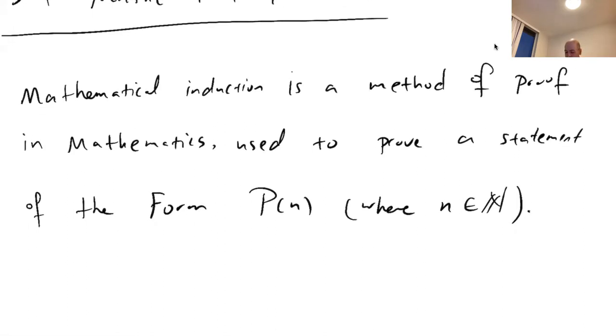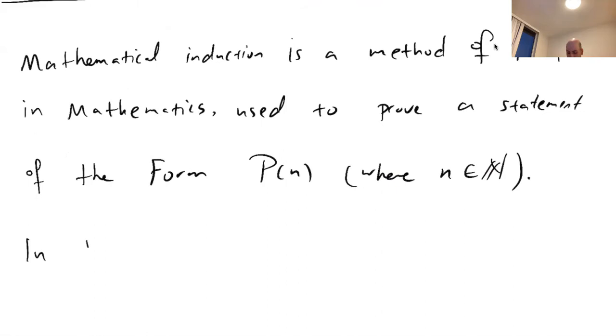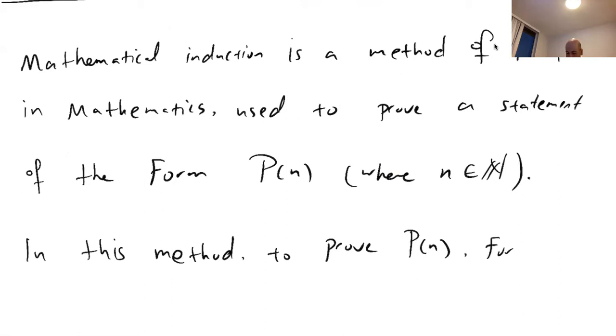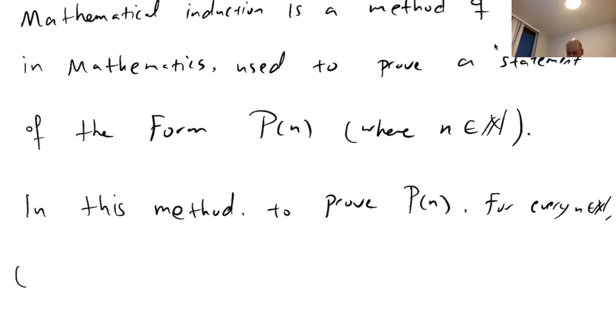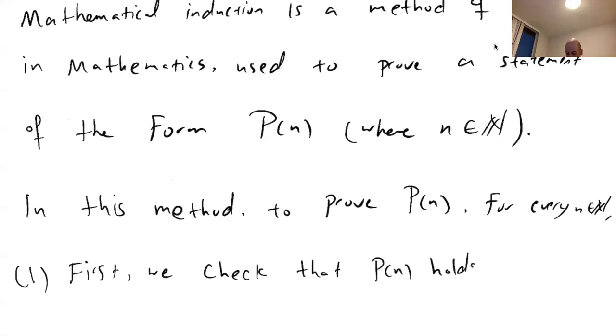So let's see what we do in this method. To prove P of n for every n, number one, first, we check that P of n holds for n equals 1.